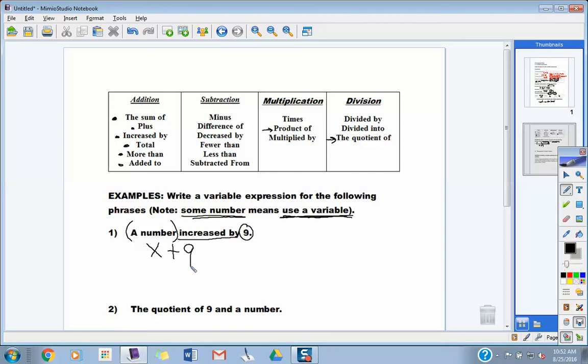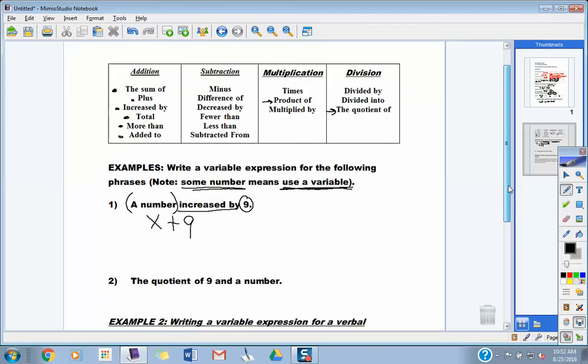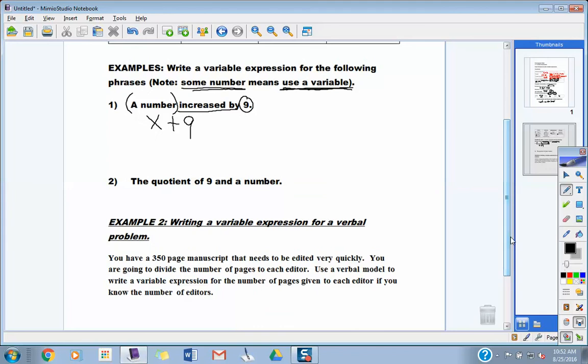You guys try problems. Try number 2. See what you come up with for number 2. It says the quotient of 9 and a number. I want you to be careful on this one. Result, solution, thoughts?